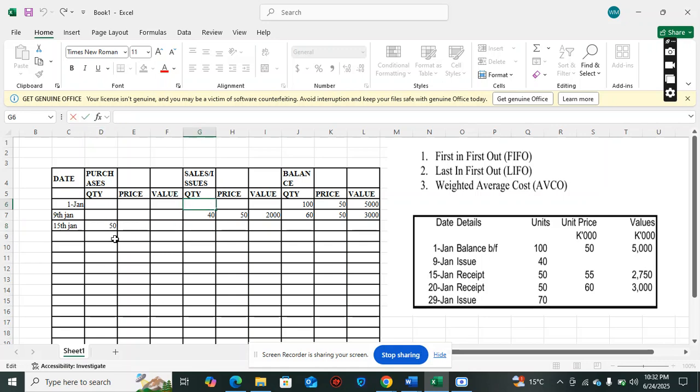I don't know why Excel is acting slow here. So we get the total value: 50 times 55.